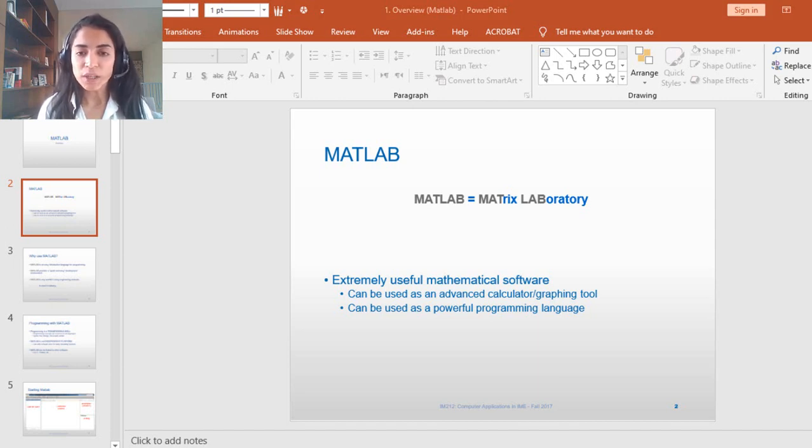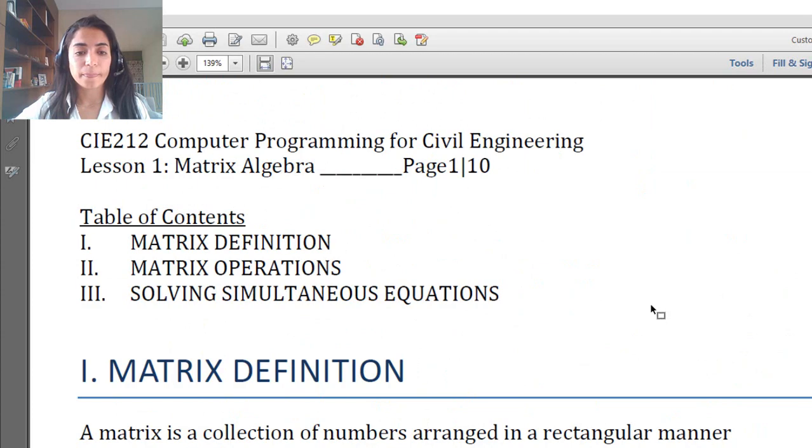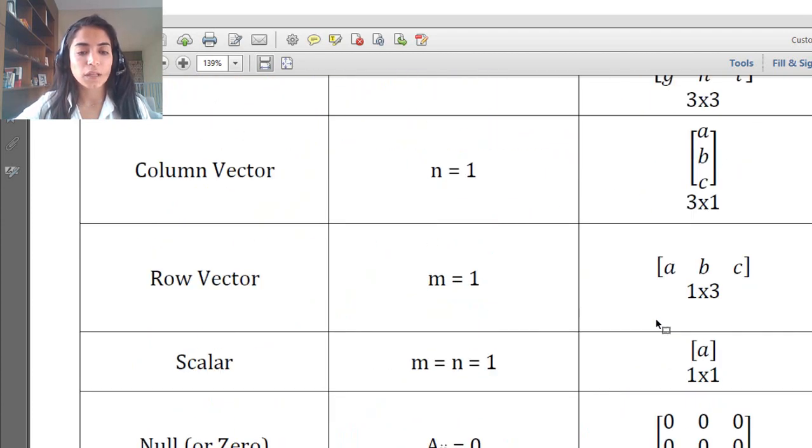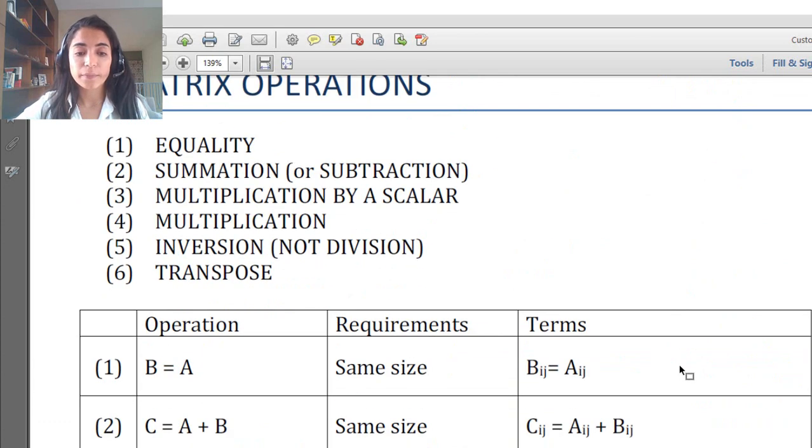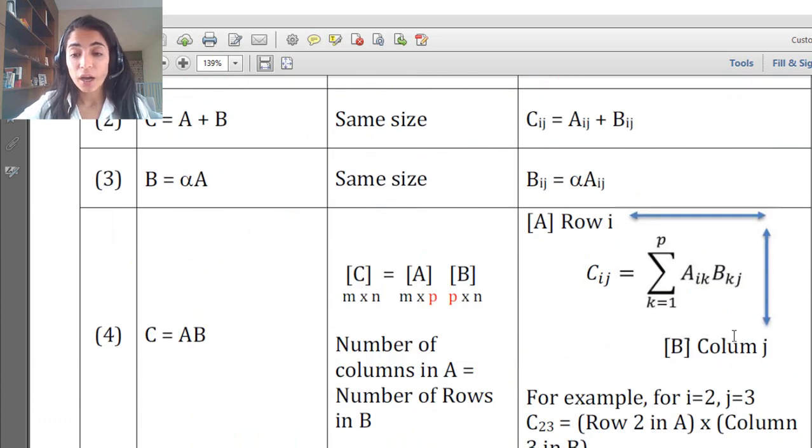Now, as we said last week, Matlab is a matrix laboratory, and that's why we started a review on matrices. So, in fact, we went over their types, we went over their operations, and we learned how to do the multiplication between matrices, and it's a very important operation because we'll be using it in MATLAB later on.